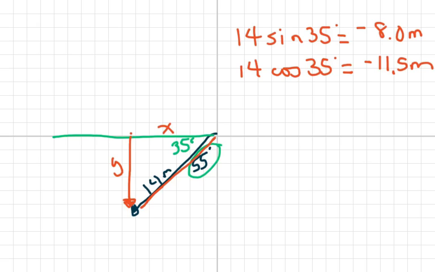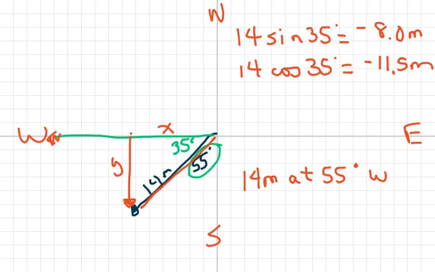So it's the same thing you do with north, south, east, and west. I did do a video earlier about how to describe vectors. Again, this would be 14 meters at 35 degrees, or we're going to call this 55 degrees west of south.